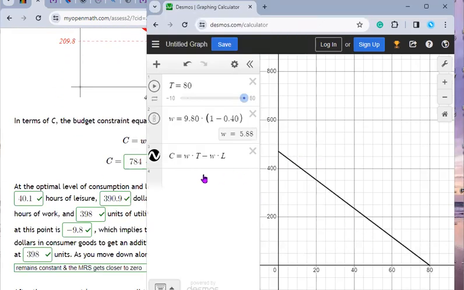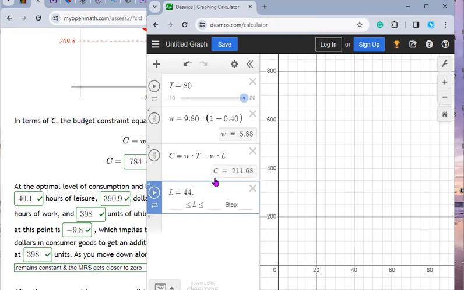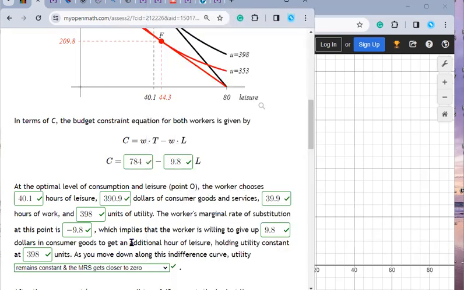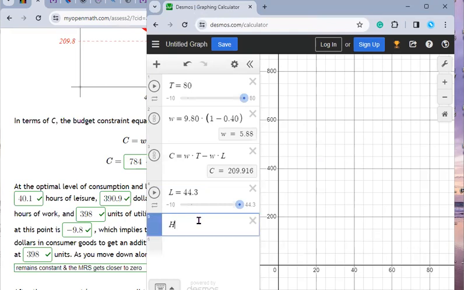And so if the person is choosing leisure equal to 44.3, right? Hours of work is equal to the time constraint minus the leisure hours demanded. So her hours of work is now 35.7.